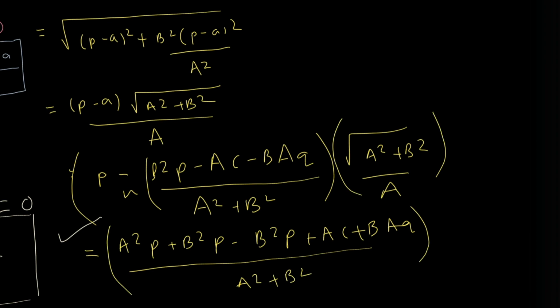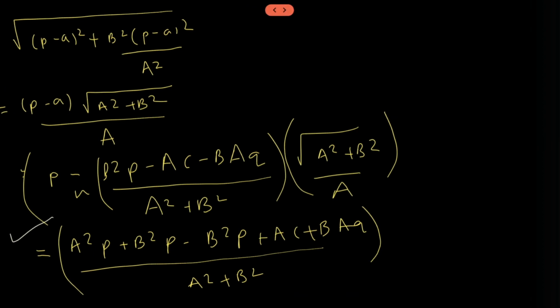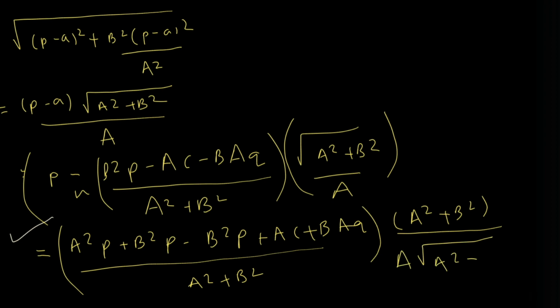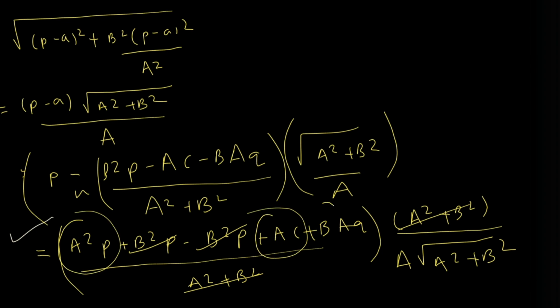This thing getting divided by a square plus b square multiplied with. Now in this second bracket, I will do the rationalization work. So I will get the numerator as a square plus b square divided by a times the square root of a square plus b square. Now a square plus b square, a square plus b square got cancelled out. Here in this numerator, we can see that positive b square p, negative b square p got cancelled out. Now the remaining terms are a square p, ac, baq.